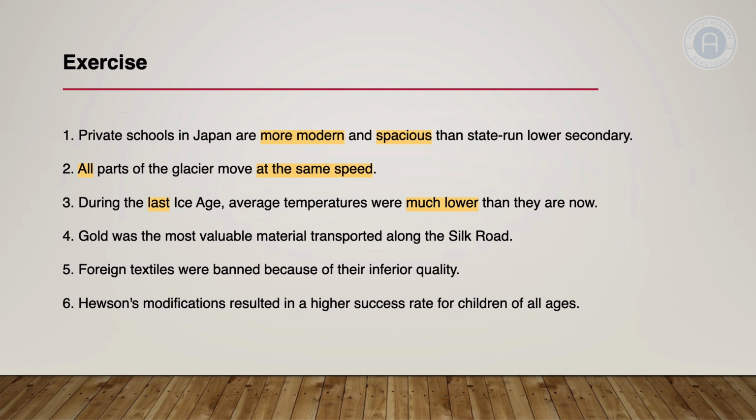Number four, gold was the most valuable material transported along the Silk Road. So we are talking about gold in this particular case, not any other commodity. If gold is not mentioned in the text, then this is not given. And the other thing we should consider is this phrase, the most valuable material.